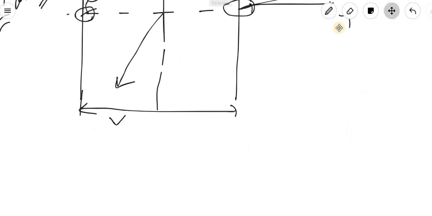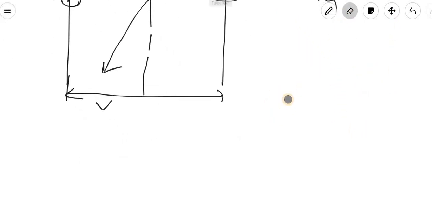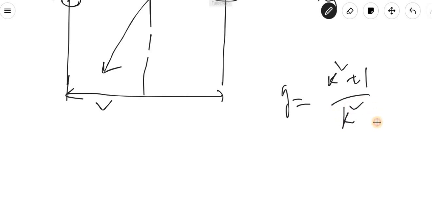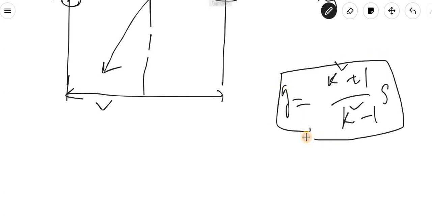From the equation, what did we get? G is K square plus 1 by K square minus 1 into S. And what was the R?